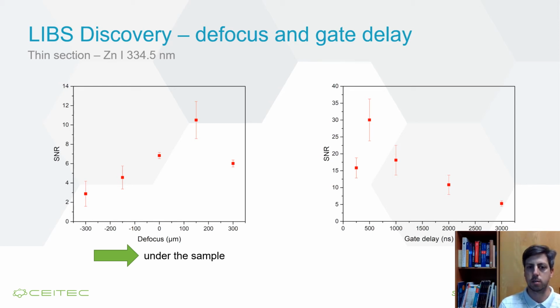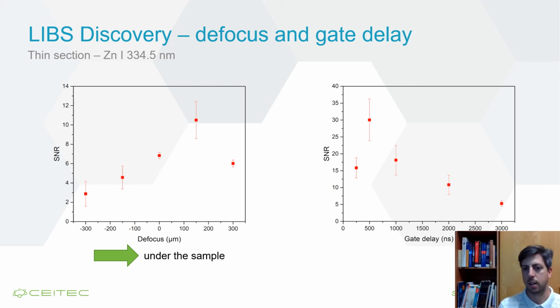So you can see that you need to go significantly below the sample surface to have an increased signal-to-noise ratio. That is a very interesting phenomenon and also needs further investigation, because in the case of thin sections, you are getting quite far below the sample surface, which is only 10 microns.